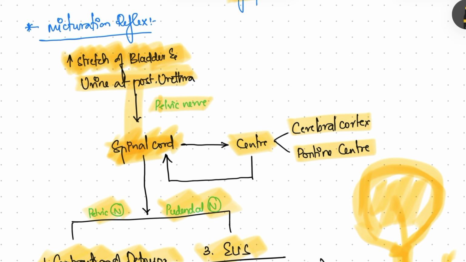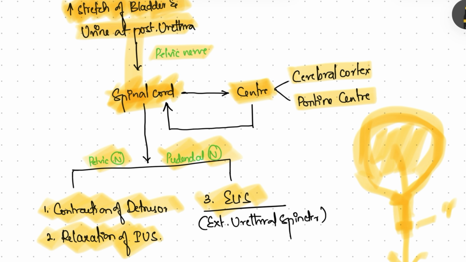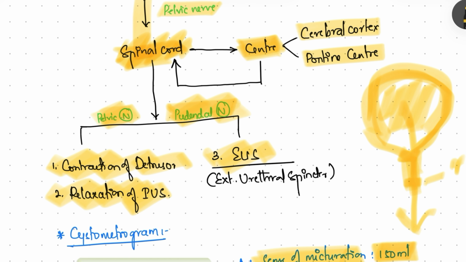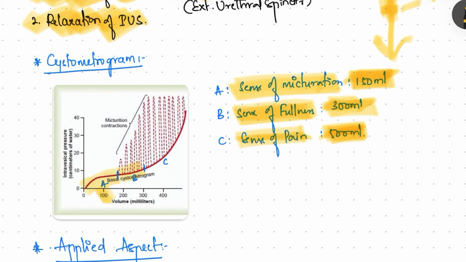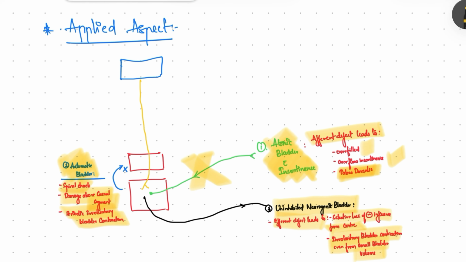Then the center sends the signal back, and efferent will be pelvic nerve or pudendal nerve, where two different functions happen, contraction of detrusor and relaxation of IUS, and EUS will be relaxed. Then the cystometrogram, we saw 150, 300, 500. Then applied aspect, we saw three conditions: atonic bladder with incontinence, automatic bladder, then uninhibited neurogenic bladder.